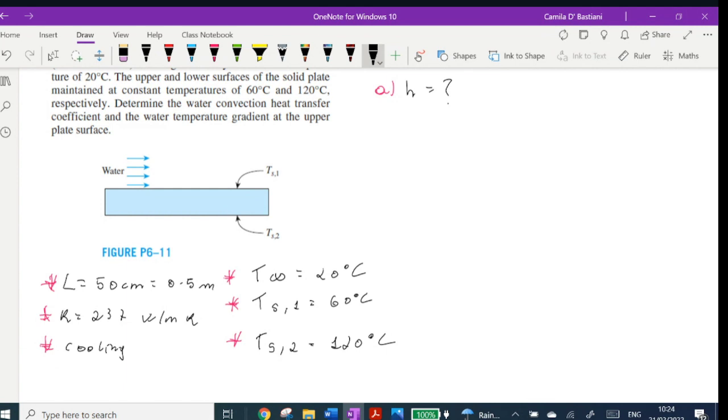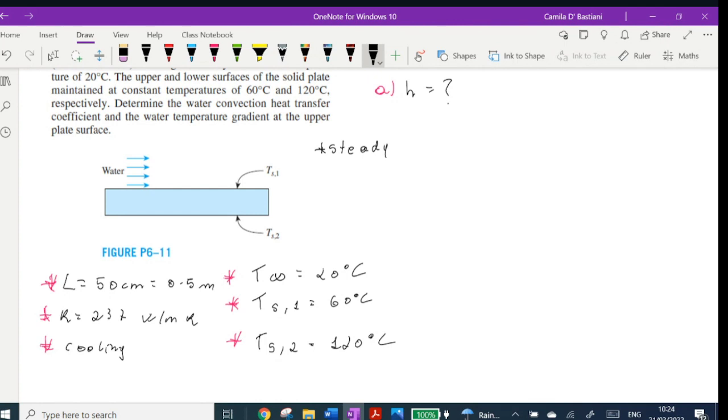Just some assumptions before we start. In this case, we have no mention of time, so we are assuming steady state. I'm going to assume that my properties are constant again, so I'm not going to need to read the properties again.